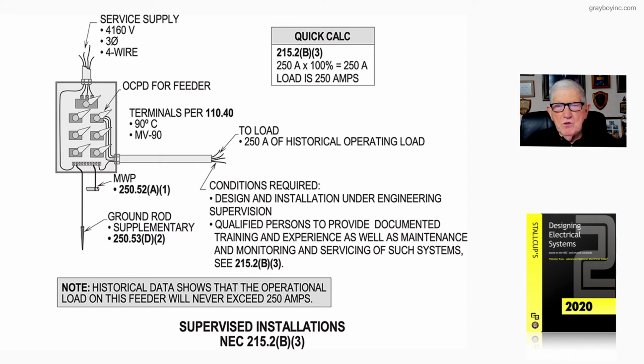Qualified persons provide documented training and experience, as well as maintenance and monitoring and servicing of such systems in accordance with 215.2(B)(3). So usually we have an engineering staff supervision to ensure that people are qualified to service high voltage systems that are rated over 1,000 volts as defined in 490.2 in the NEC.